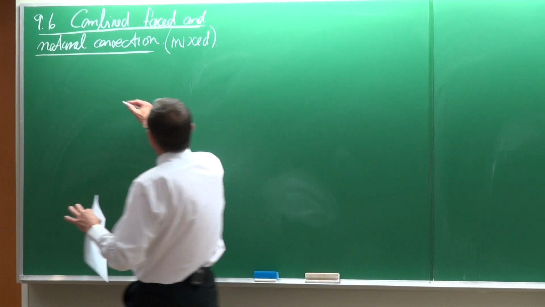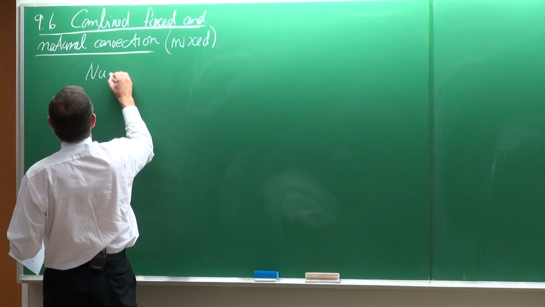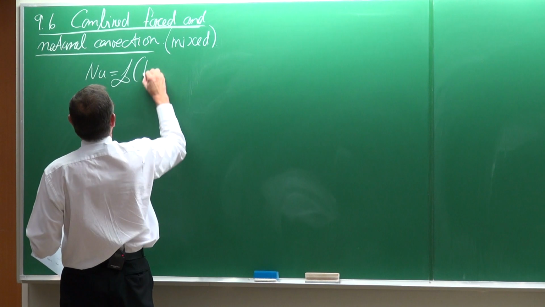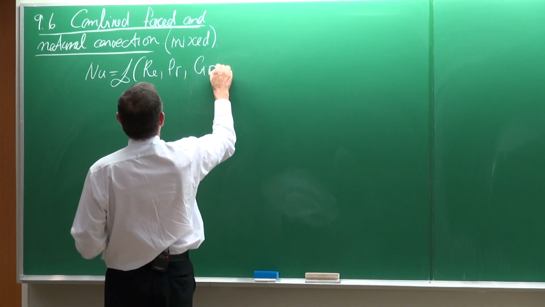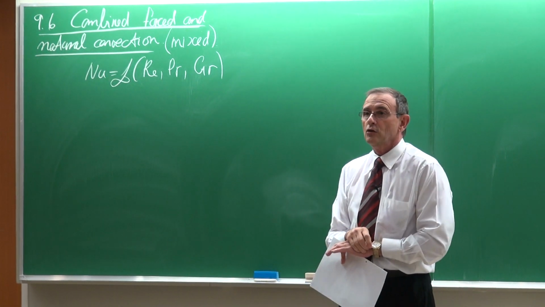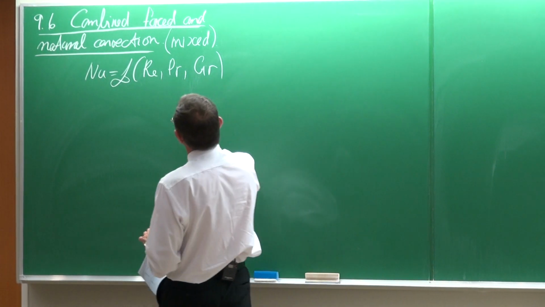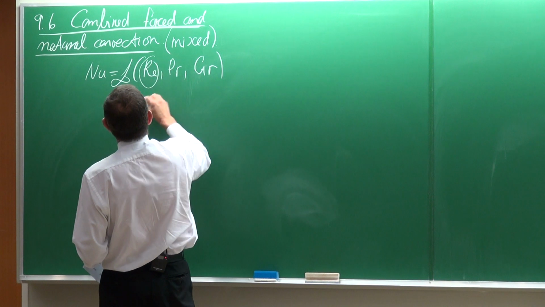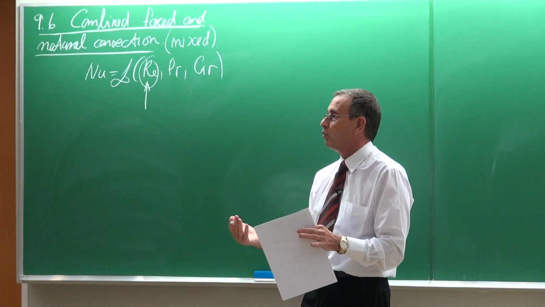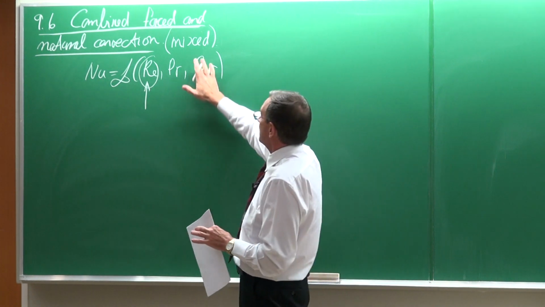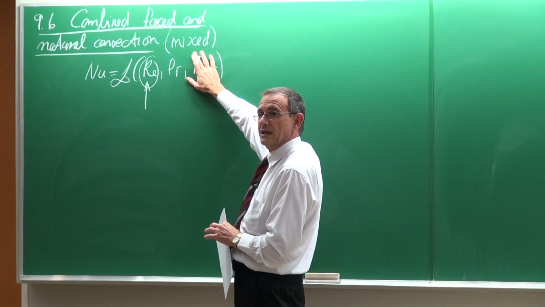Just going back to what I've said so many times previously, the Nusselt number is a function of the Reynolds number, the Prandtl number, and the Grashof number. With chapters 6, 7, and 8, the Reynolds number was the driving force. That was by far the most important influence, and the Grashof number was negligible.